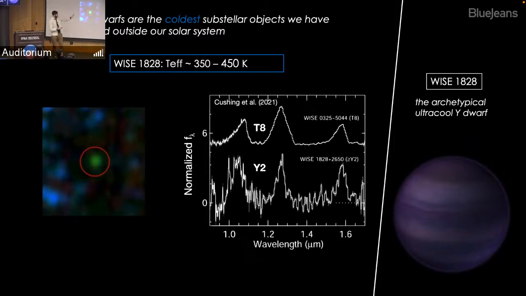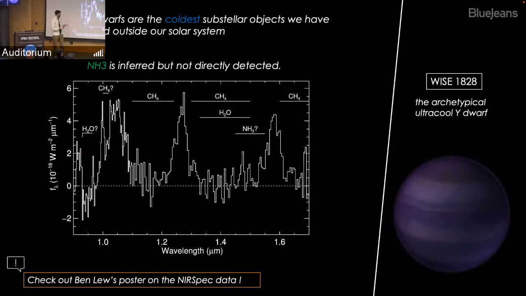And this type of brown dwarf was just not possible to look at with Spitzer because they were discovered after its cold campaign, and the sensitivity wasn't there. So this is the best spectrum we have of a brown dwarf, WISE 1828, again taken by Spitzer and realized by Mike Cushing recently in 2021.